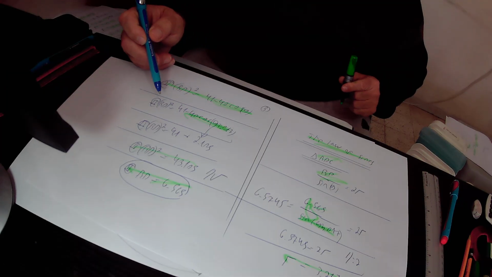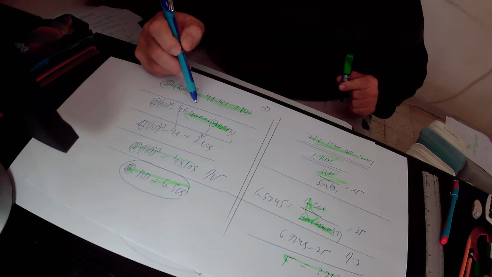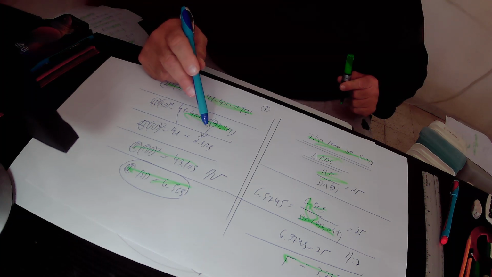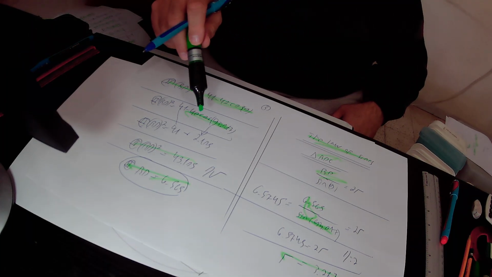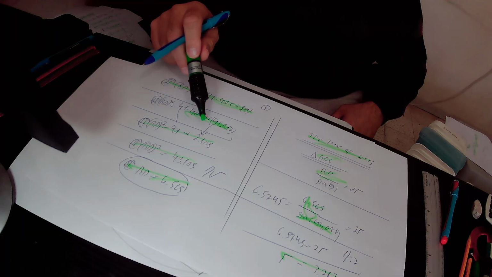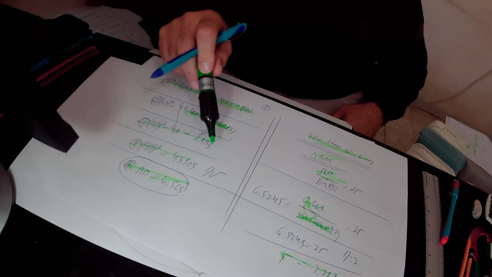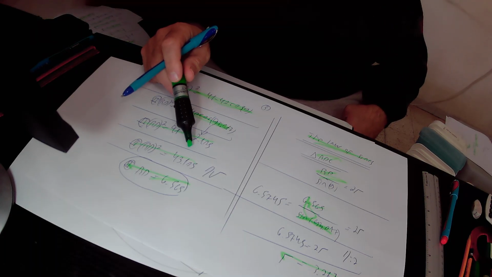So in total, BD squared equals 41 plus 2.105. So BD squared equals 41 plus 2.105, which is 43.105. So in total according to equation 2, BD squared equals 43.105.